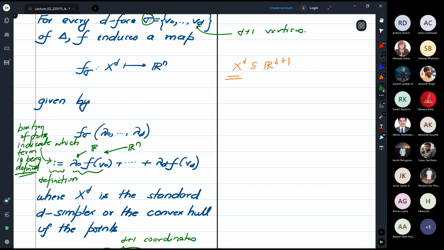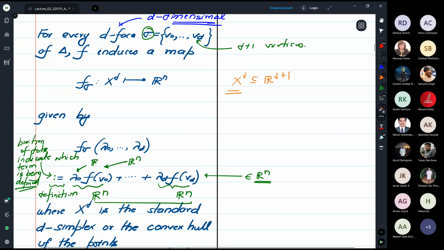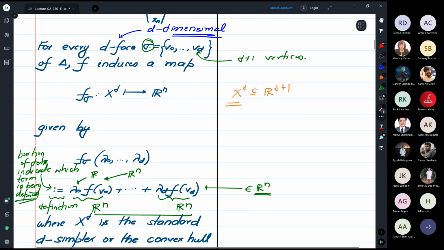Together this belongs to Rn, and similarly this belongs to Rn, and you are adding vectors in Rn, so this entire expression will be an element in Rn. So you can see that using the function f and the input that we give to f sigma, one can construct an element of Rn. That's why I say this f induces this map f sigma. Is this okay? Whatever you choose f, one can accordingly define f sigma in the following fashion.